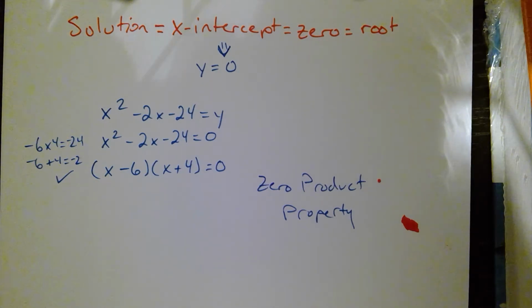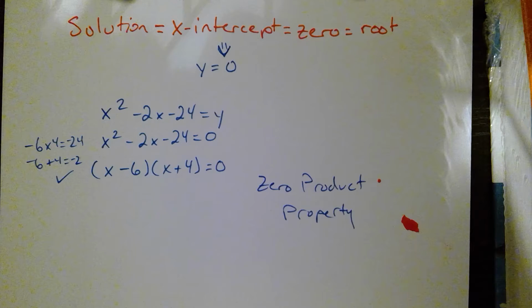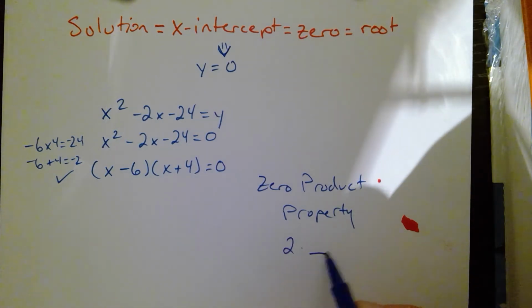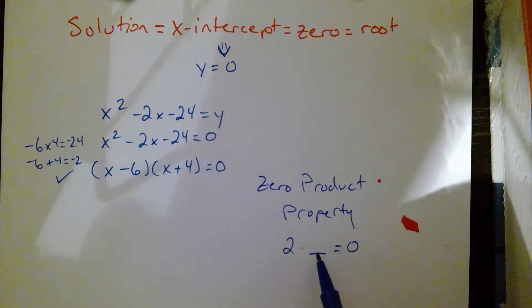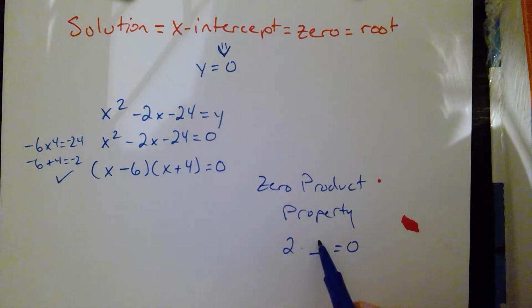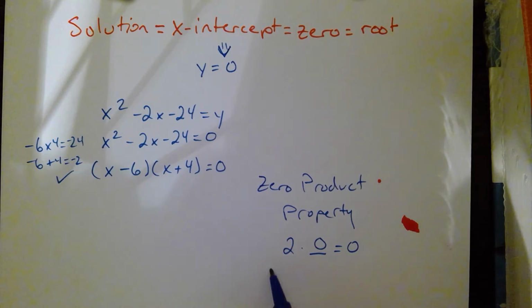If we're trying to multiply two numbers together and we want the answer to be 0, one of those numbers has to be 0. Okay, so if I have 2 times blank equals 0, this number has to be 0. If it's 1, we're not going to get 0. If it's 10, we're not going to get 0. This must be 0.